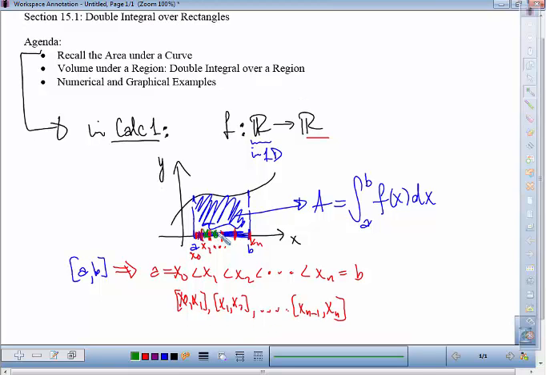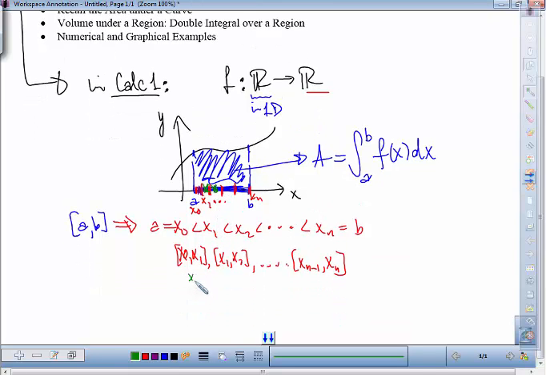But we essentially pick a point in here that we usually denote as x sub i star. And then by picking that point, we can put that point into the function to get the height of this rectangle, and the base of this rectangle would be delta x.